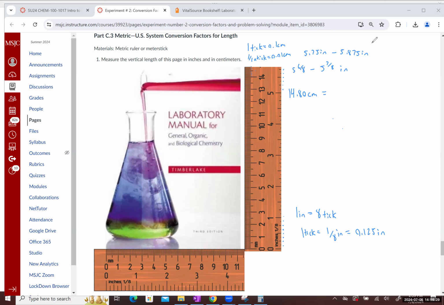And in this case, we're going to estimate the last reported digit, and anywhere between 5.75 and 5.87 is more than acceptable. I'm going to report this as 5.80 inches.